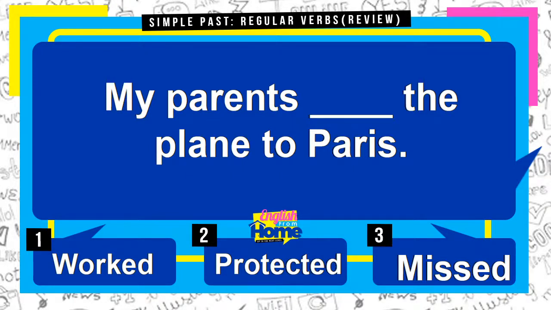So what is the correct answer? Number 1, they worked. Do you think that's correct? Does it make sense? Protected, maybe they are police officers. Or number 3, missed. Okay. Again, 1, worked. 2, protected.